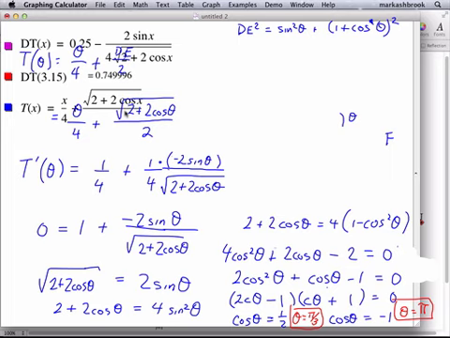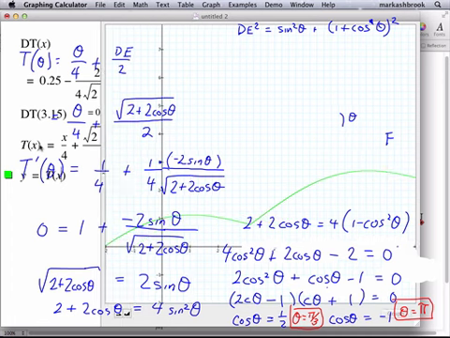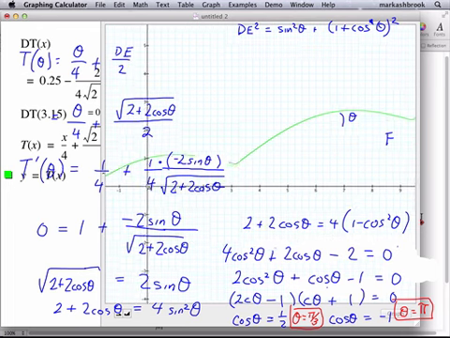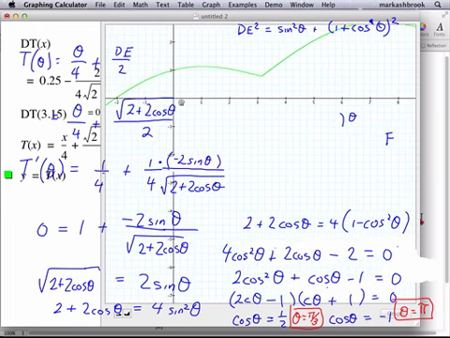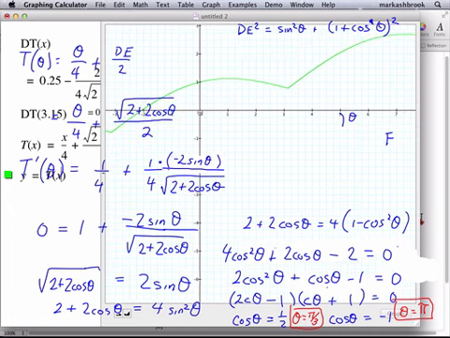So now we want y equals t of x. Sure enough, maximum around 1, pi over 3, and minimum at pi.